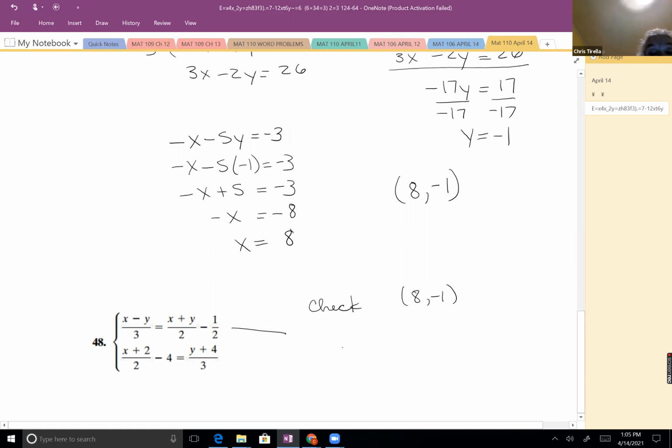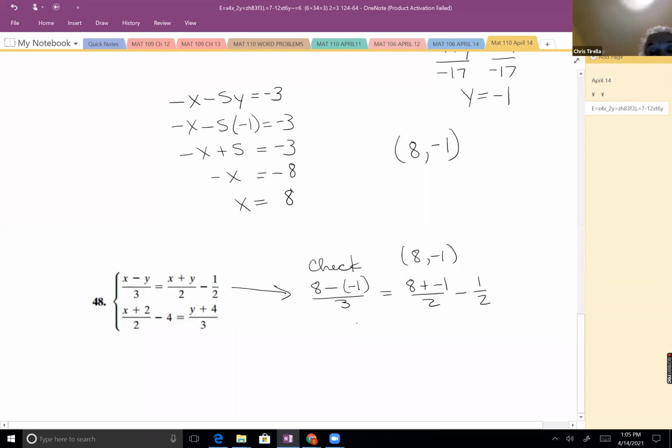So in the first one, when we substitute 8 for x, we get 8 minus y, which is -1, over 3 equals 8 plus -1 over 2 minus a half. So I get 9/3, which is 3 on one side. On the other side, I get 7/2 minus 1/2. So that would be 3 equals 6/2. And it does.